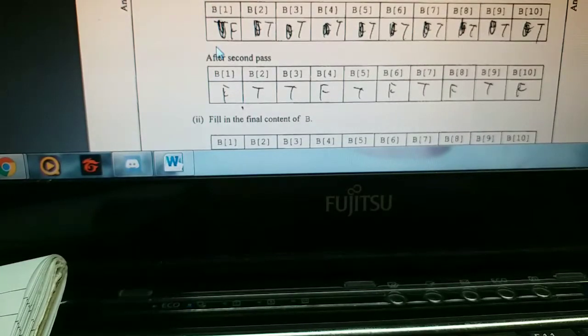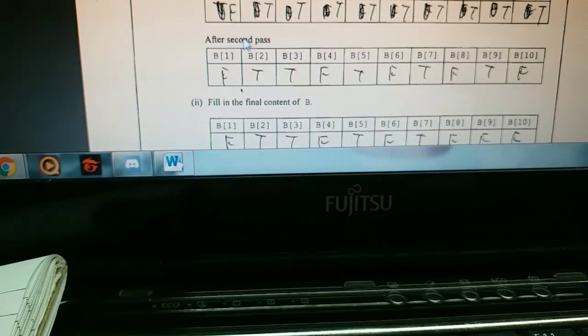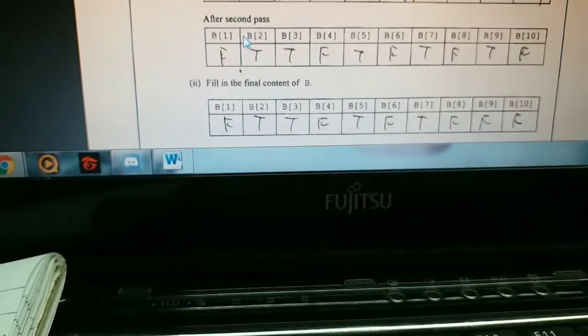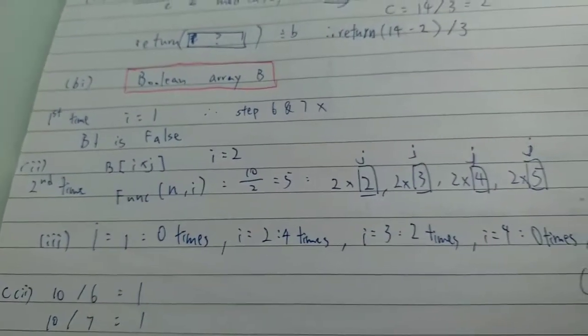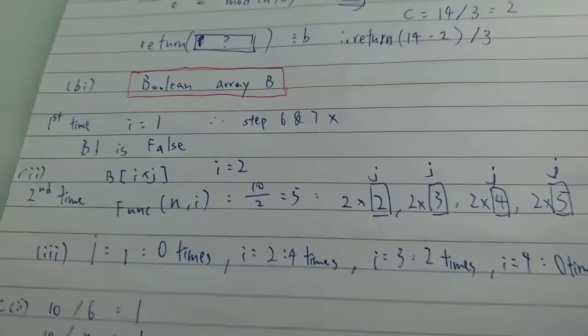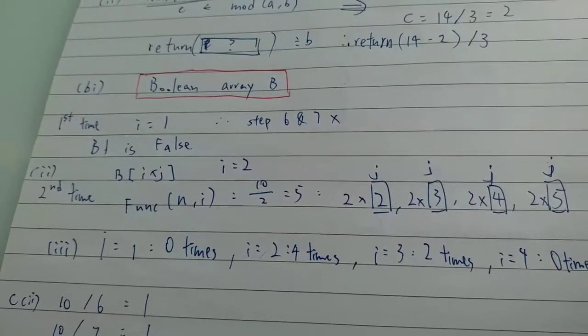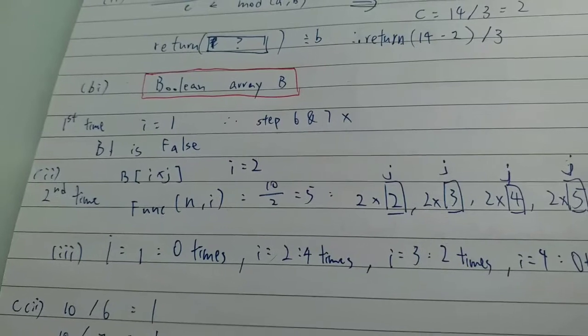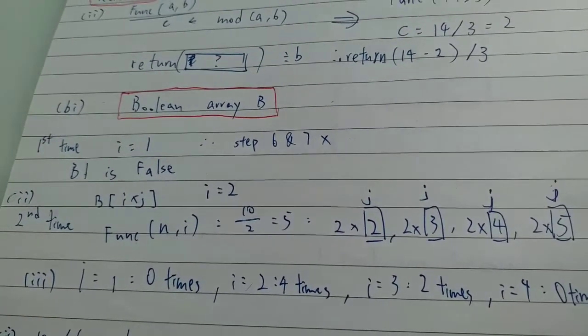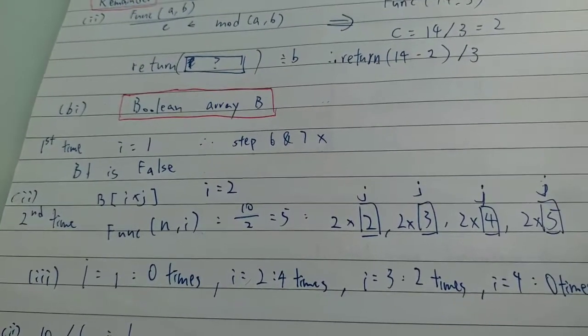Then after the second pass, i will be multiplied by j. The second time i equals 2, so func(n, i) will be 10 over 2, which is 5.